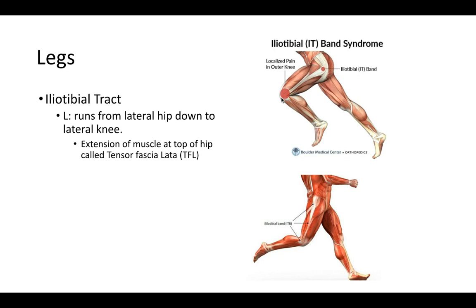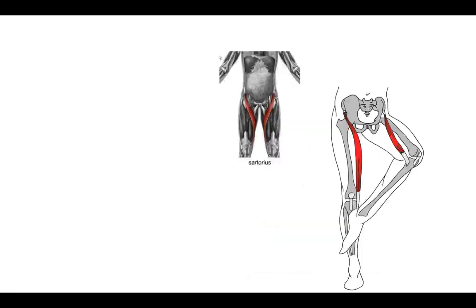And we see the IT band is the continuation of that muscle. I'm not going to ask you to identify the tensor muscle, but I will ask you to recognize and identify this long white fiber as your IT band. It helps again with hip movement, particularly hip rotation.